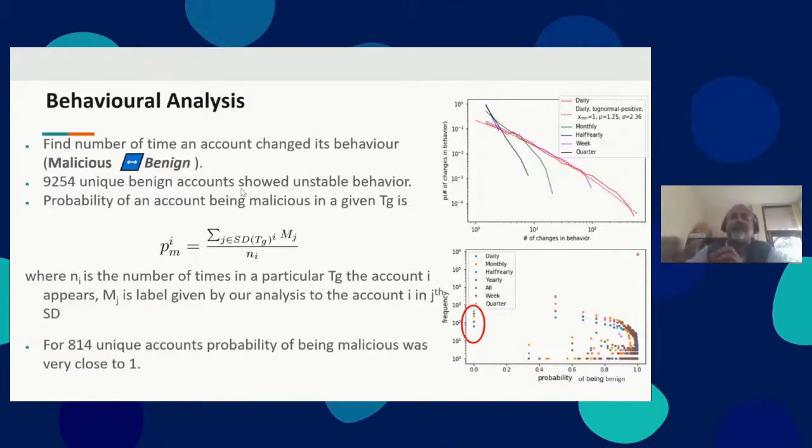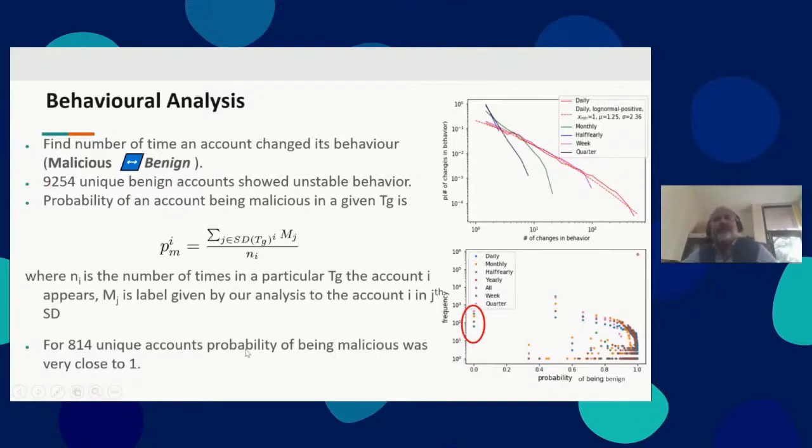So this kind of behavior we are seeing. And therefore, at least for about 10,000 accounts, we assign a probability to an account to be malicious by looking at how many times it changes its level from being marked malicious to benign and benign to malicious. And we found that 814 such accounts had a probability of being malicious very close to 1.